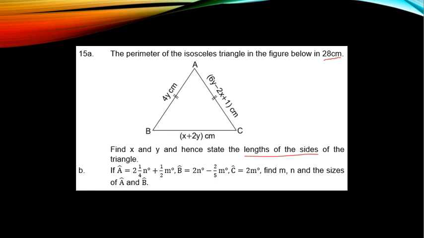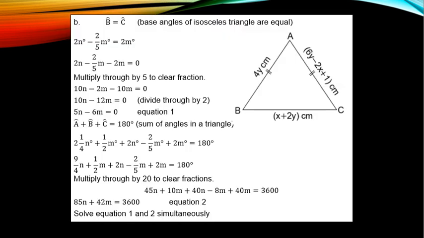In B, you are asked to find the value of m and n first before the sizes of angle A and B. If you look at the diagram, the triangle, as we are told, is isosceles, and in such a triangle, the base angles, angle B and C, are always equal. So you have B equal to C. The reason: base angles of an isosceles triangle are always equal.